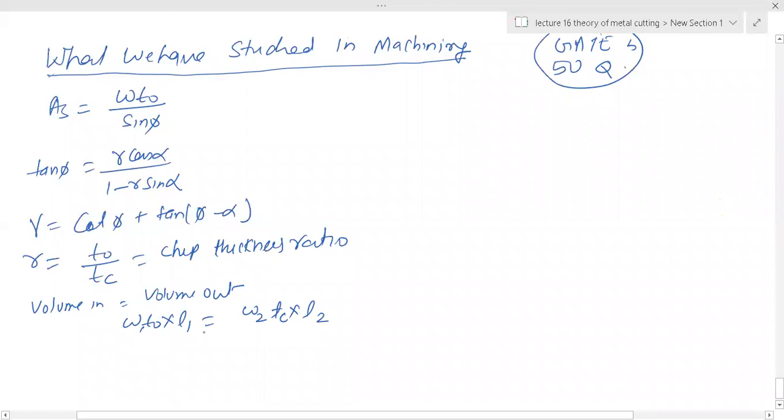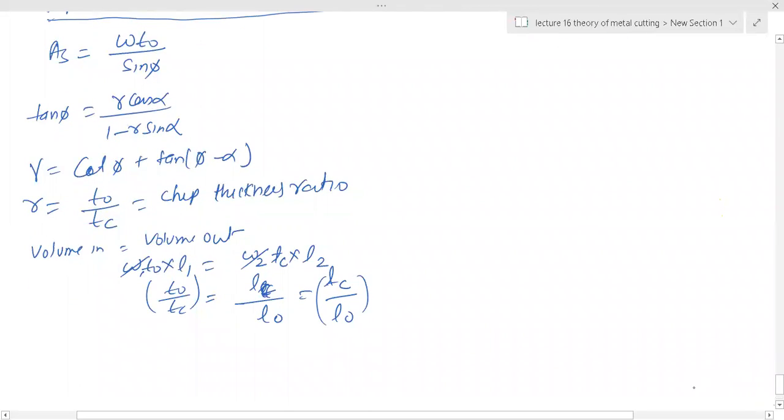If the width of cut is the same, then T0 by Tc is equal to Lc, the length of chip, divided by L original. So if chip thickness is not given, we can show it in terms of length also. And one word we have used for that also, elongation coefficient. You remember elongation coefficient?